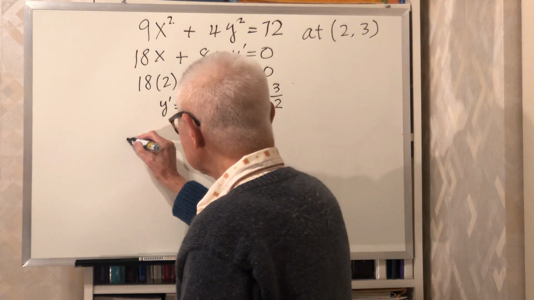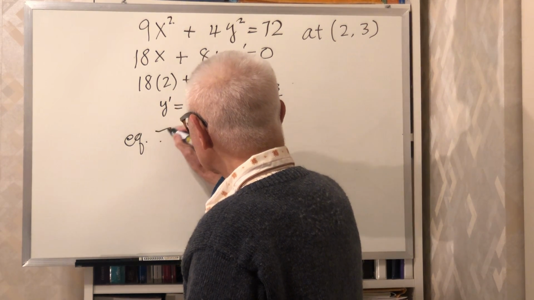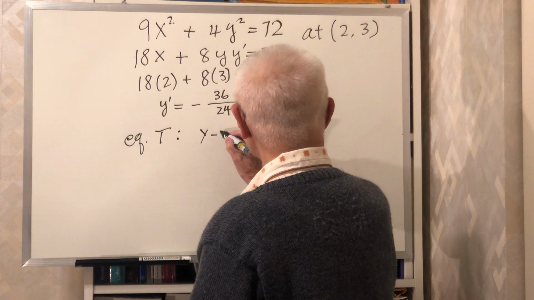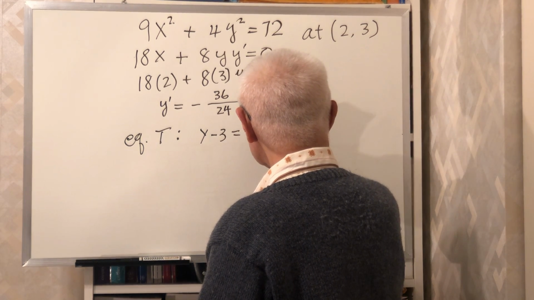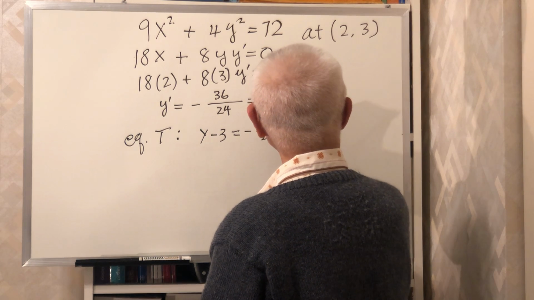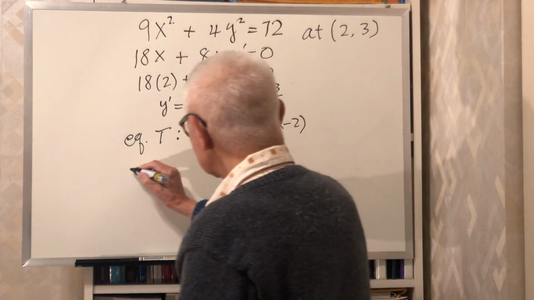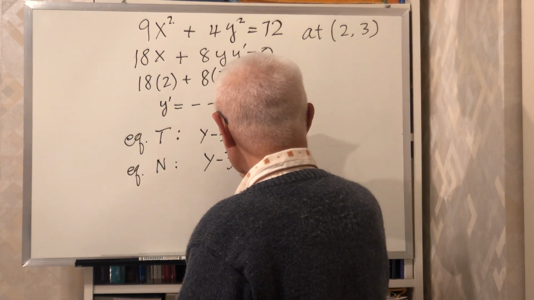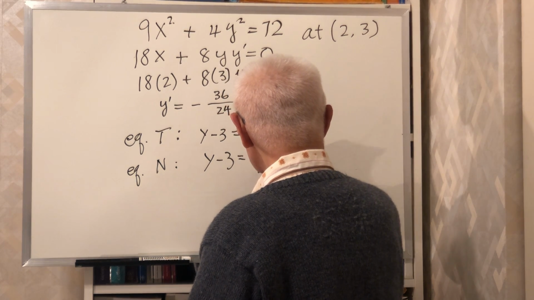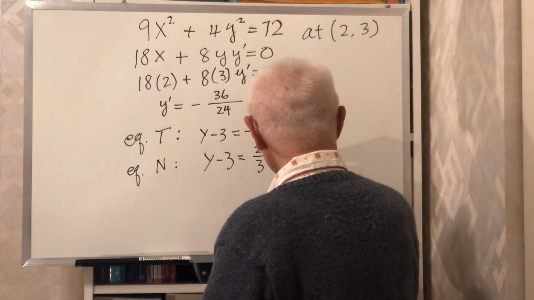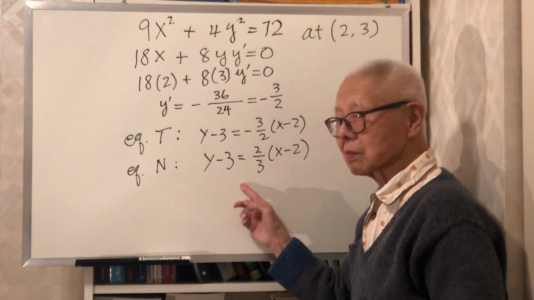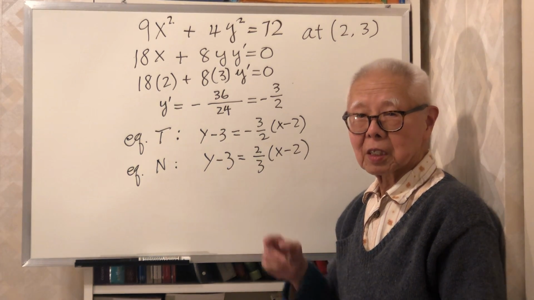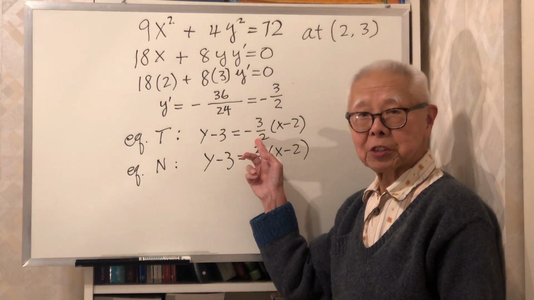Therefore, the equation of the tangent, point slope form: y minus y1 equals m, x minus x1. m is negative 3 over 2.